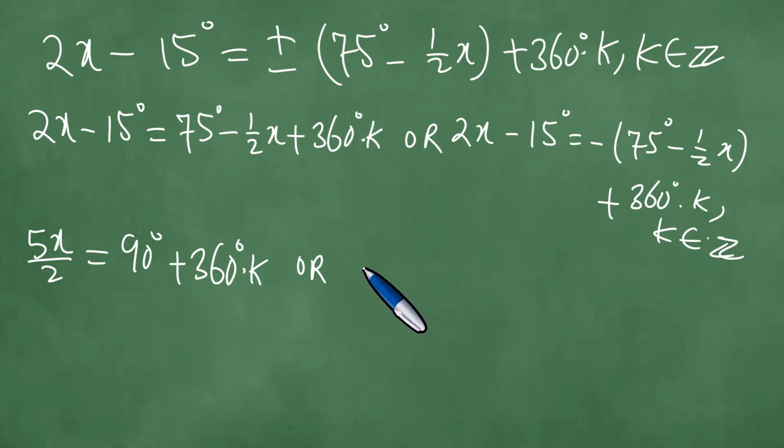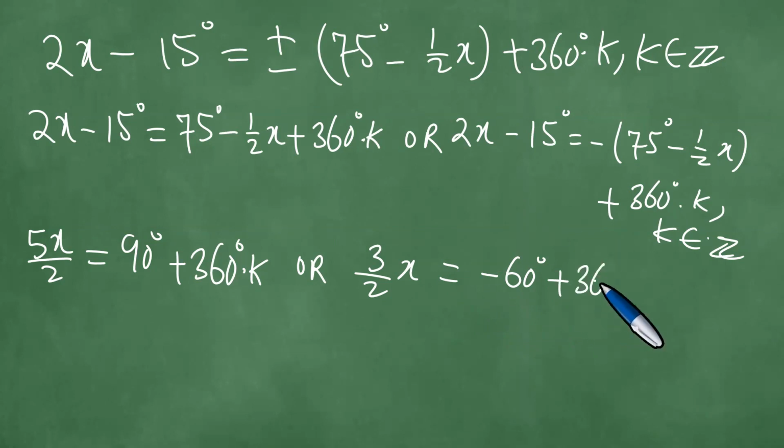We have 2x here, and then this is going to be 1/2. If you bring it across, it's going to be 3 over 2 x, like 1.5. Minus 75 plus 15 is minus 60. And then you have plus 360 by k in the integers, like so.